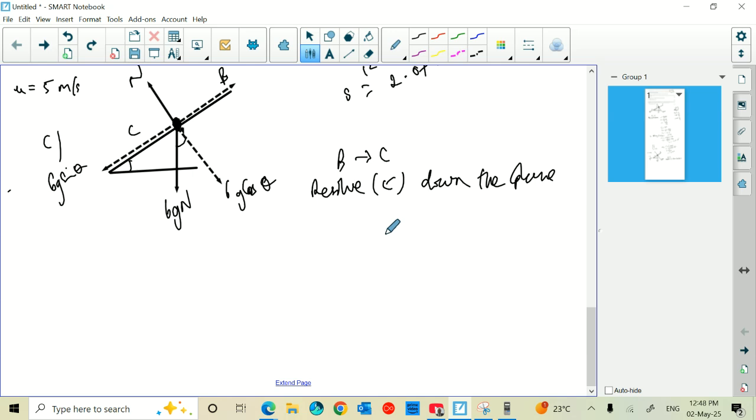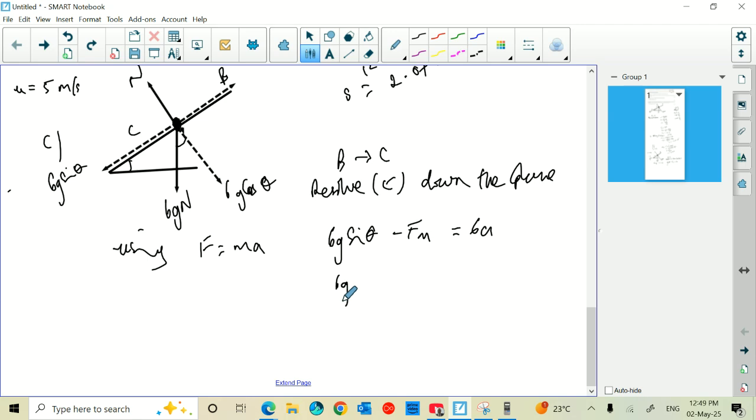We have 6g sine theta. So resolving down the plane, I've got 6g sine theta minus the frictional force Fm is equal to, using F equals ma, Newton's law, 6a.